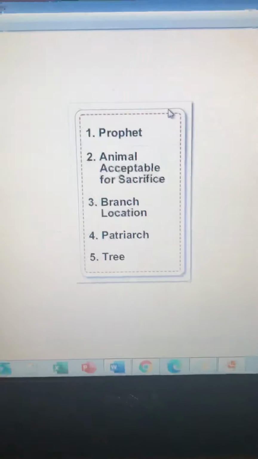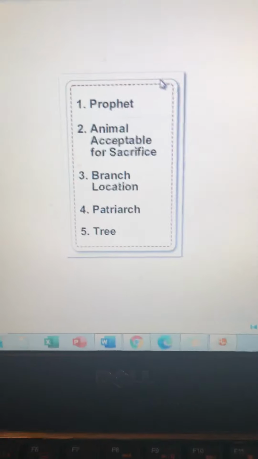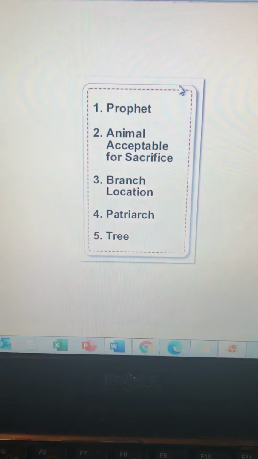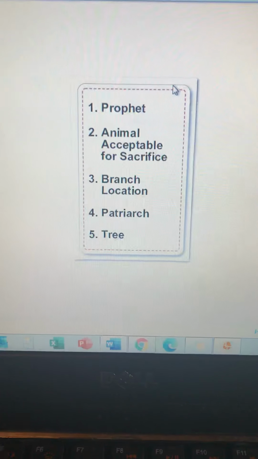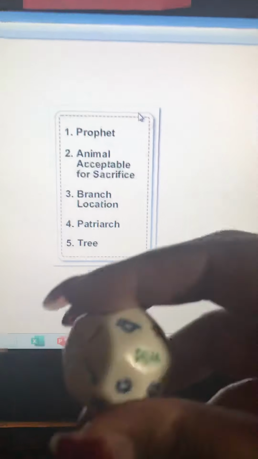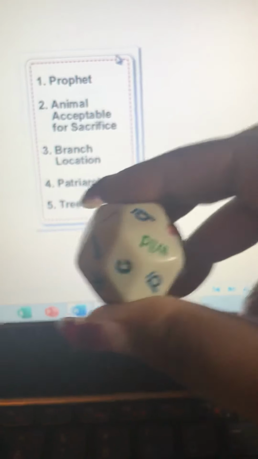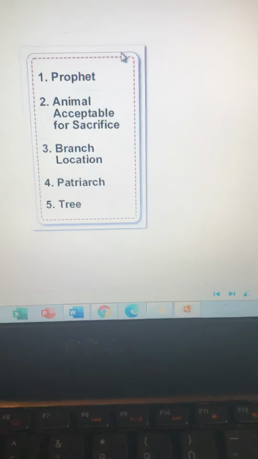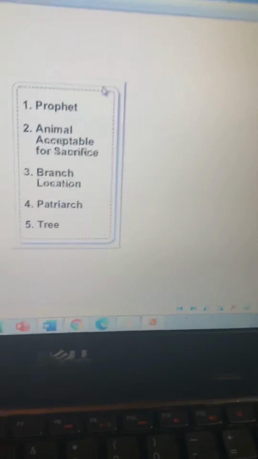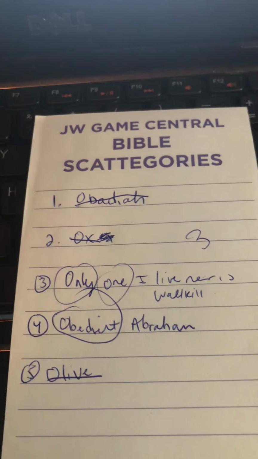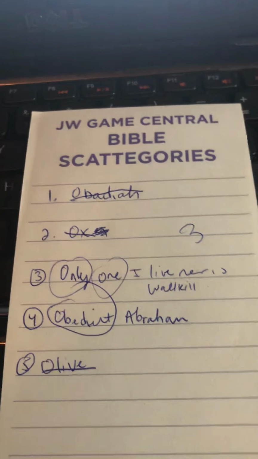The way Scattergories is played is you and whoever you're playing with are trying to come up with an answer for each one of these categories on each card using whichever letter you have rolled. So I've done just a quick write-up of what it will look like for this card if I was to choose the letter O. Ignore the scratches, because I will explain those in a minute.